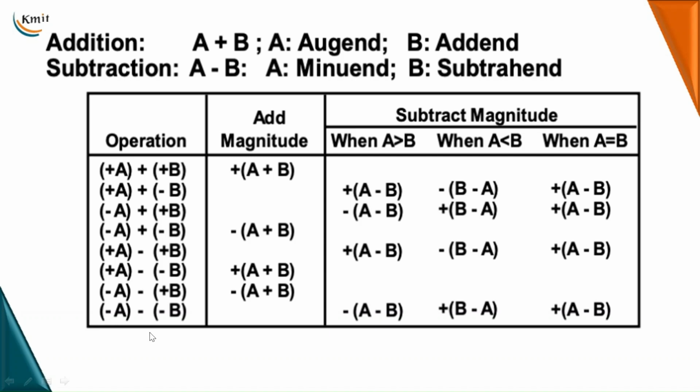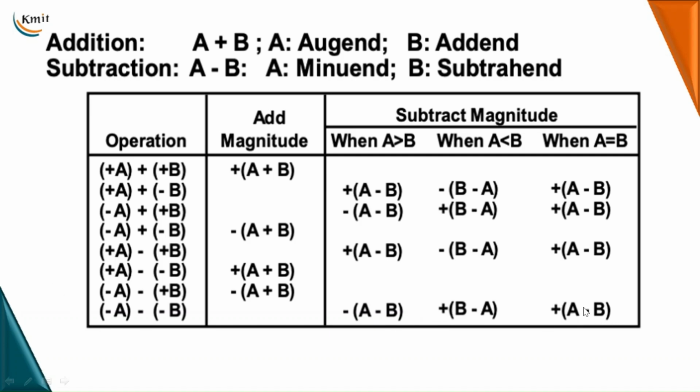Similarly, if both operands are negative, then we have to check if A is greater than B, A is less than B, or A is equal to B. If A is greater than B, I perform A minus B and the resultant sign will be the sign of A. If A is less than B, I perform B minus A and the resultant sign will be the complement sign of A, which is plus.